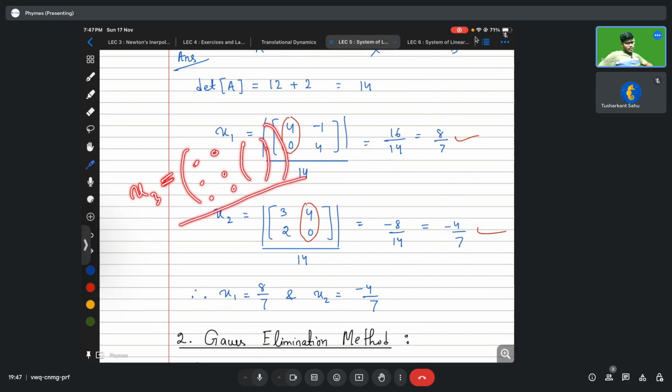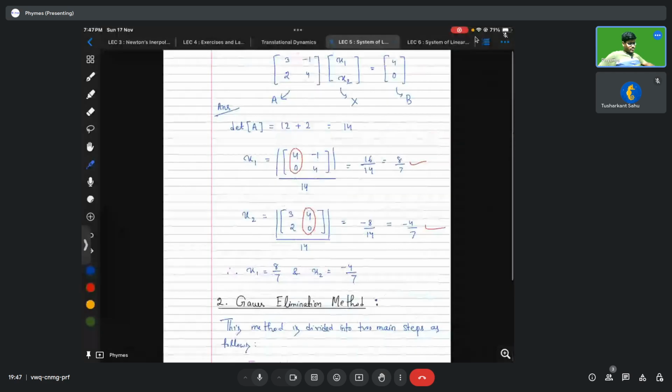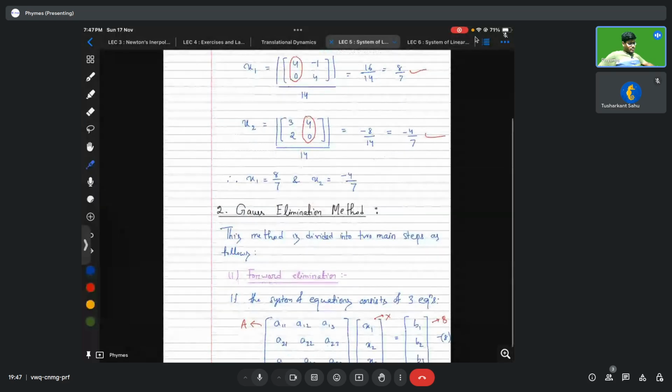So depending upon which variable you are solving, you have to replace that column with the b vector. That is how you solve it. So that is Cramer's method.